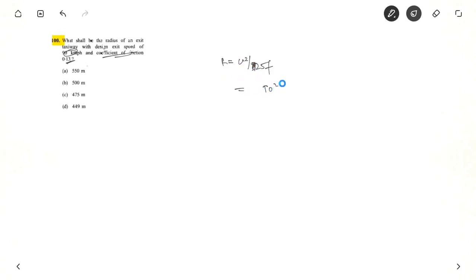So 90 square divided by 125 into 0.13. If you solve this, you will get approximately 500 meters. So option B is the correct answer. As you can see, the radius is very large, so that you can accommodate exit speed of 90 kilometers per hour.